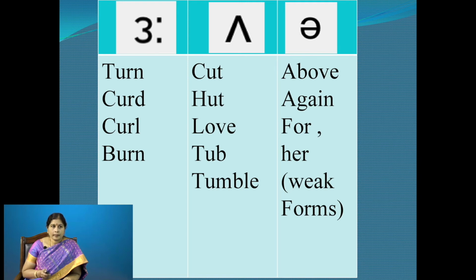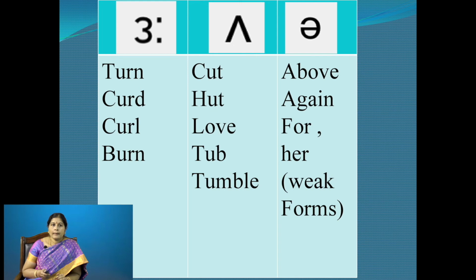Turn, curd, curl, burn. The sound in cut, hut, love, tub, tumble. And this is another weak vowel, above. Wherever it occurs, usually there is no stress on that syllable.